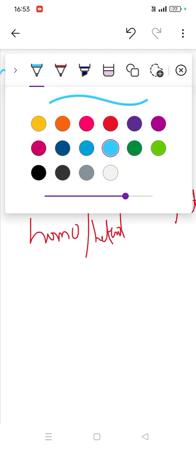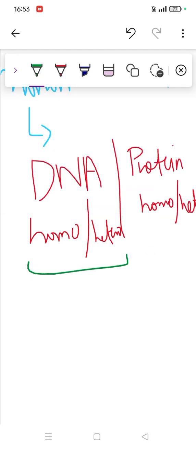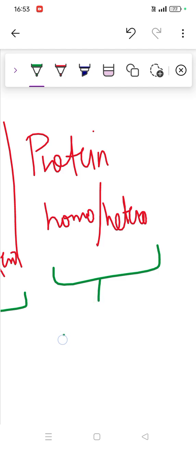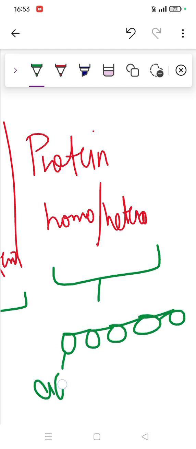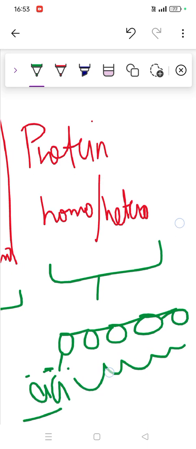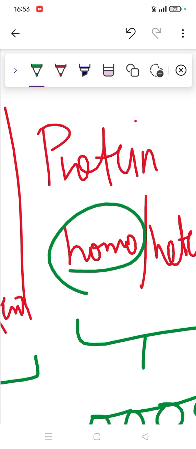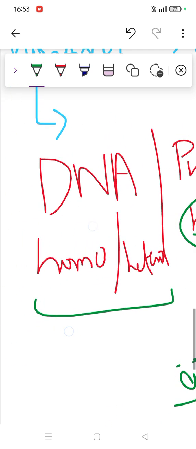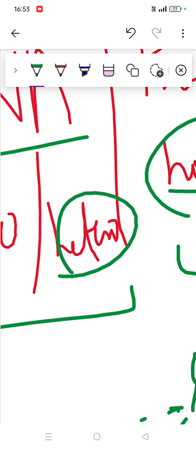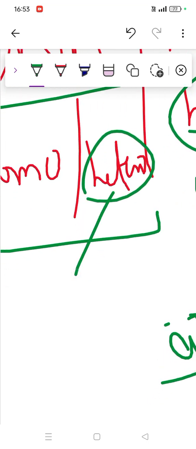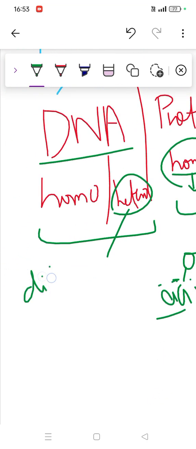We know protein is made up of amino acids. The same amino acids combine, I mean there are different types of amino acids, but the main monomer is the amino acid, and a long chain is formed. So we say the protein chain is a homopolymer, meaning made up of the same units. DNA is called a heteropolymer. Why? Hetero means different, homo means same.